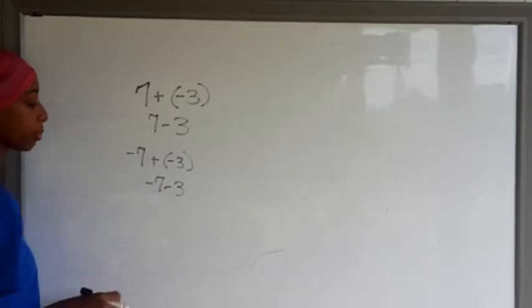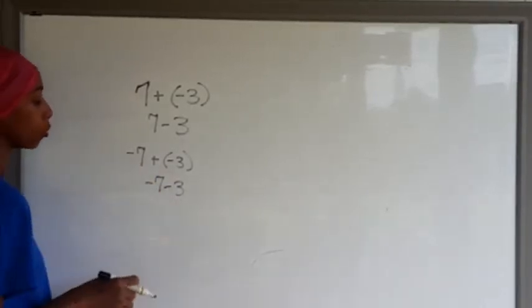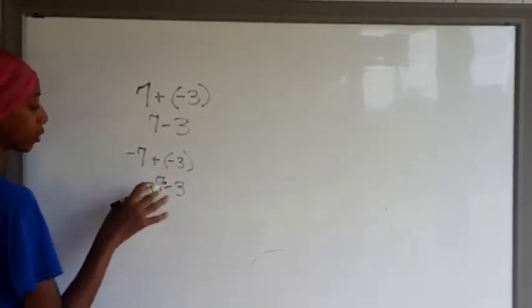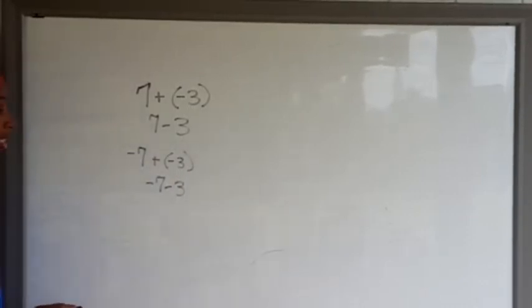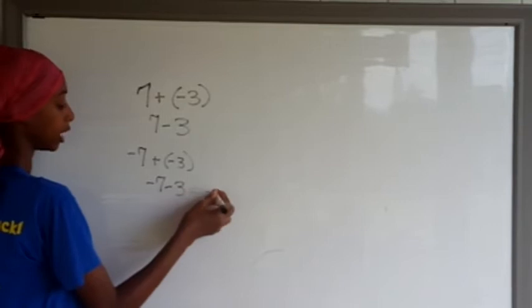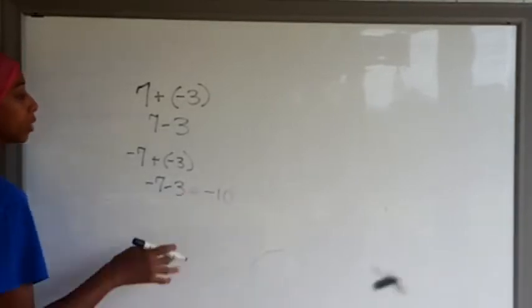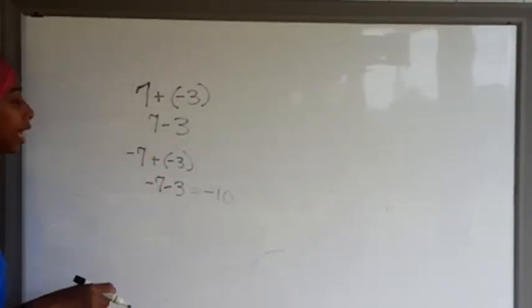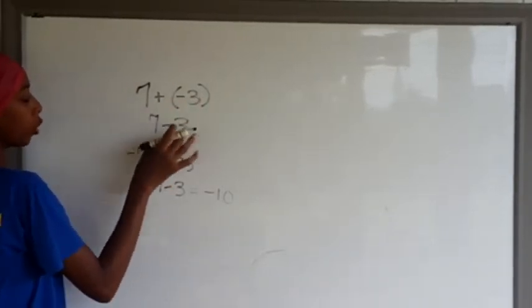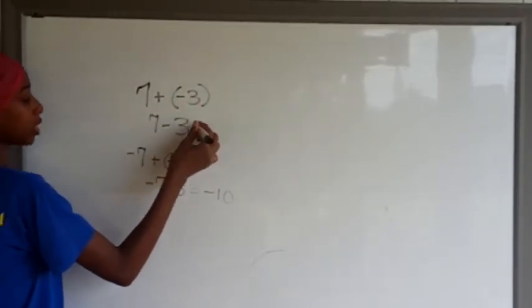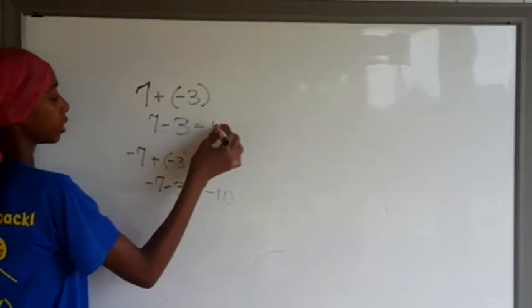So that's why it's the same as subtraction. If I already owe $7 and I'm adding more debt, I'm going to owe $3 more, so that pushes me further into debt. That would be -$10 that I owe now. Same thing here. If I had $7, but then I had to pay $3, that's taking money away from myself. So that would leave me with $4.